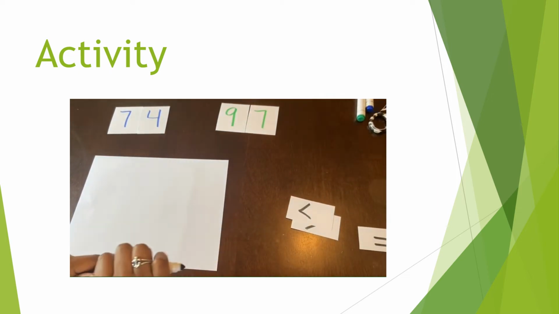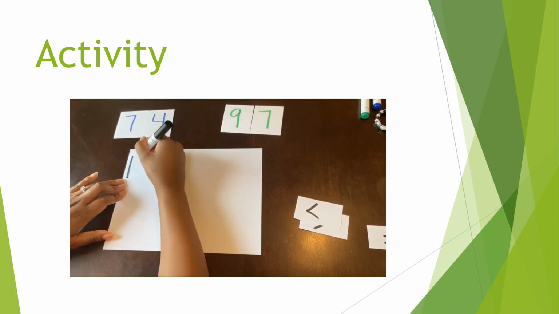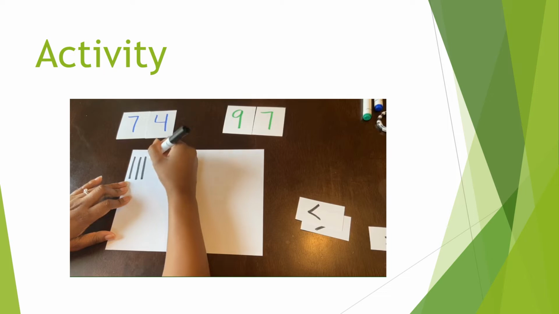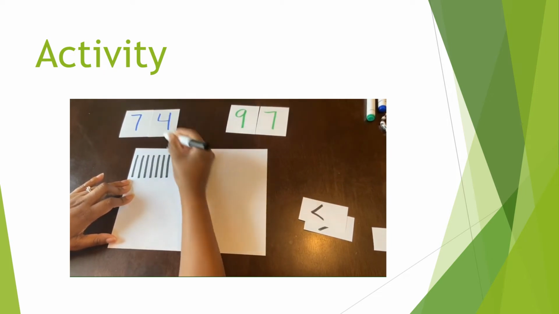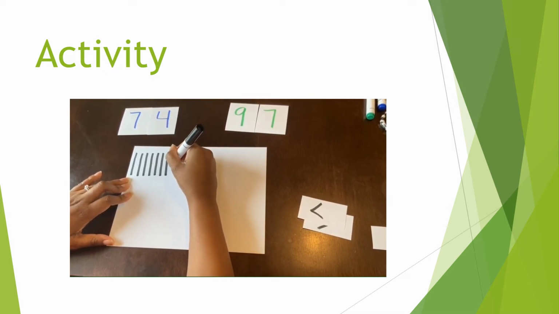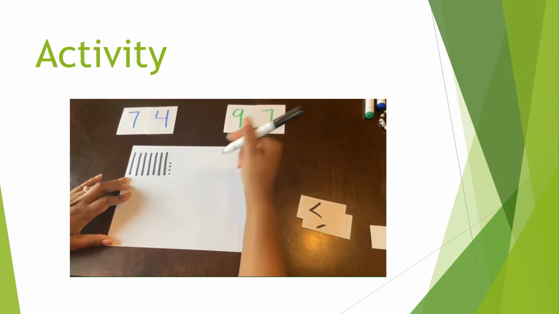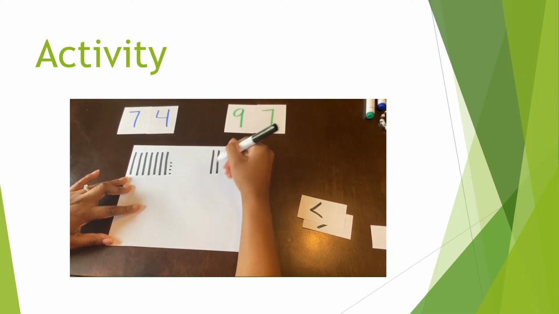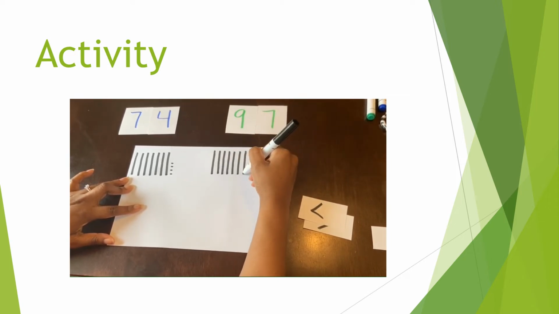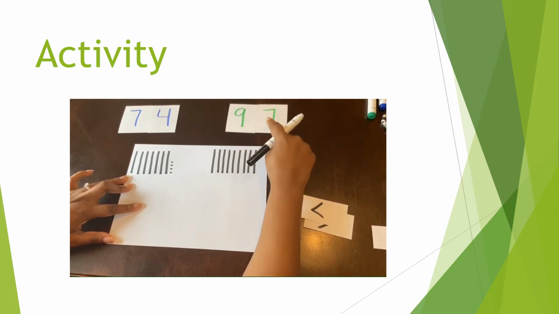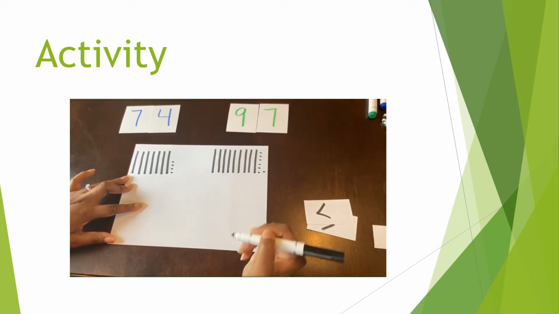To draw out the number 74, you would draw 7 rods, 1, 2, 3, 4, 5, 6, 7, and 4 ones, so 4 unit blocks. 97 has 9 rods, and 7 unit blocks.